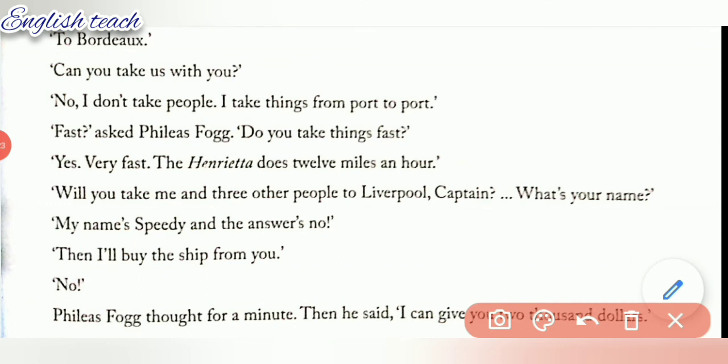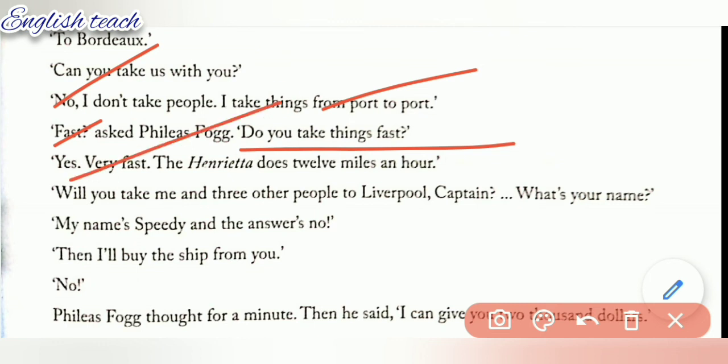The captain replied, No, I don't take people, I take things from port to port. So actually he is a transporter, transferring goods from one port to another. Fast? asked Phileas Fogg. Do you take things fast? Yes, very fast.